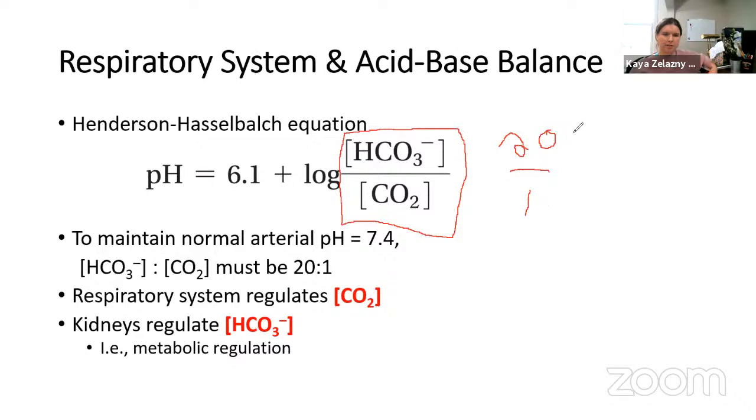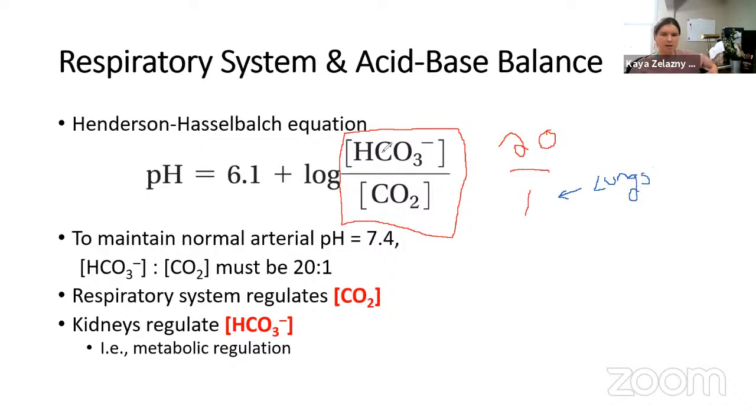So we're going to see our two systems basically regulating different parts of this ratio. Our respiratory system is going to be regulating the CO2. So our lungs should be making sure that we're breathing off appropriate amounts of CO2.